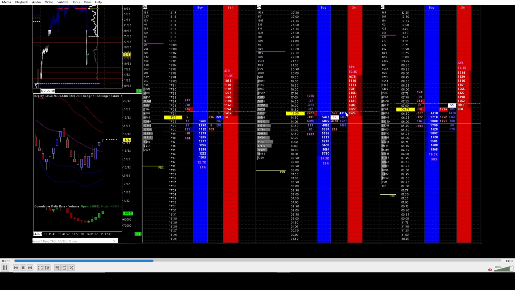Okay, they're still starting to absorb some at this level, but then the bid is still staying strong right now. Okay, so they've ticked down, and then instantly some reloading is going on.